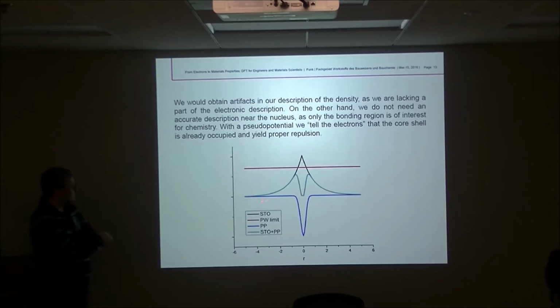So we just take some potential here, which in principle is just added to our electronic wave function. So wherever our plane waves are coming, as soon as they come here, they are just reduced so that they are zero in the nucleus or close to it, and they are still fitting the valence part.